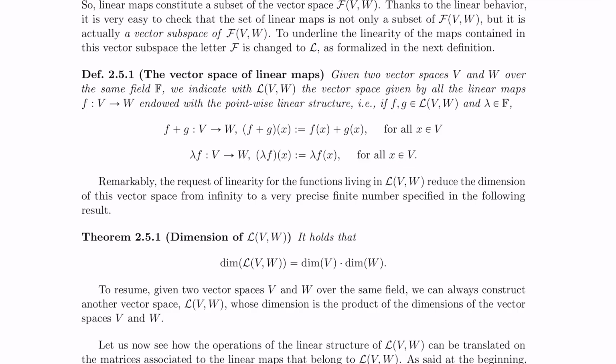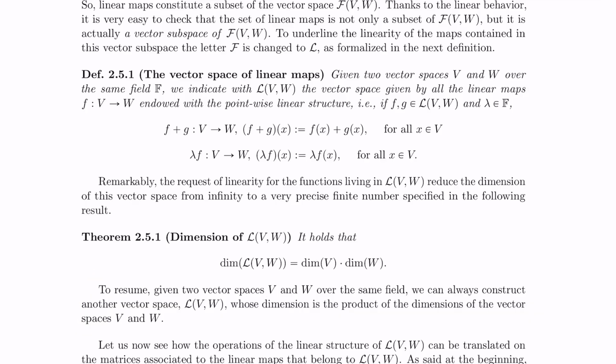The request of linearity for the functions belonging to L of V and W reduces enormously the dimension of the functional space of all the possible functions between V and W. In fact, the dimension of this vector space is finite, and in particular is the product of the dimension of V and the dimension of W. So the take-home message of this page is the following.